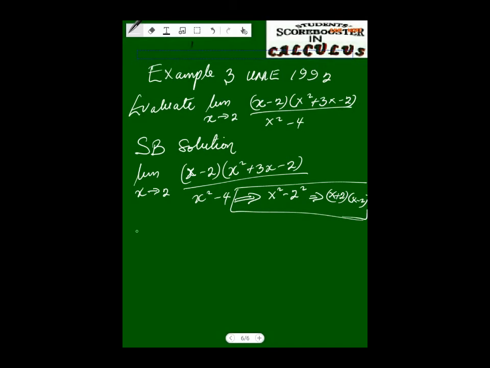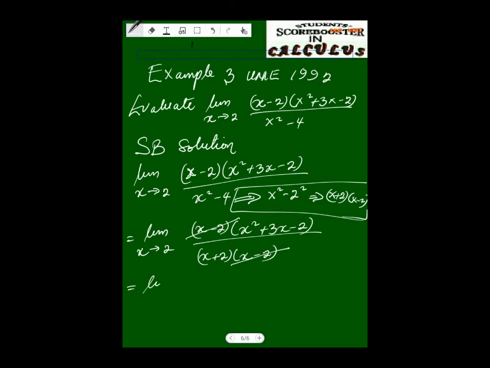So the limit now of x tends to 2, x minus 2, x squared plus 3x minus 2 over, now instead of x squared minus 4, I'm going to write x plus 2 and x minus 2. So x minus 2 cancels x minus 2 here.